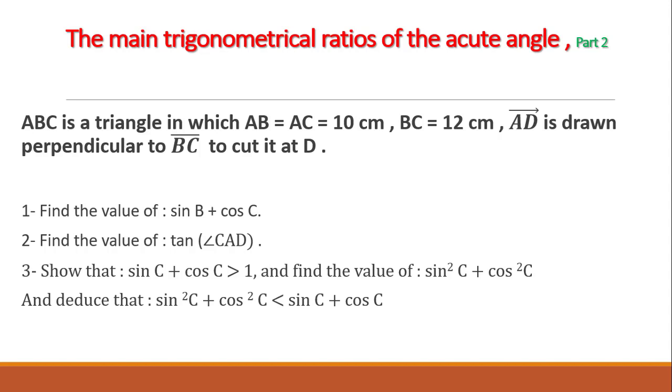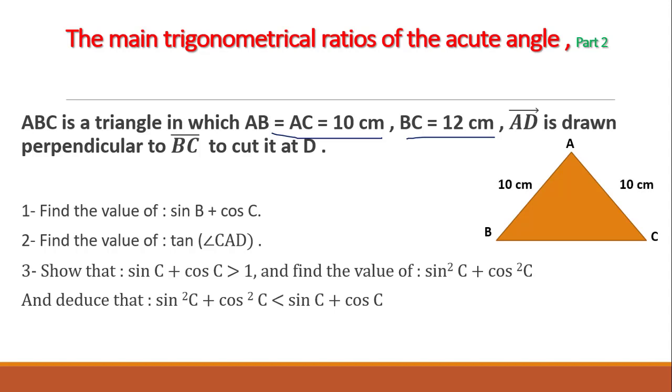We should draw. Let's learn how to draw step by step. The first step, ABC is a triangle in which AB equals AC equals 10 and BC equals 12. So I draw a triangle ABC. This triangle is an isosceles triangle. The two sides here are equal and BC equals 12.